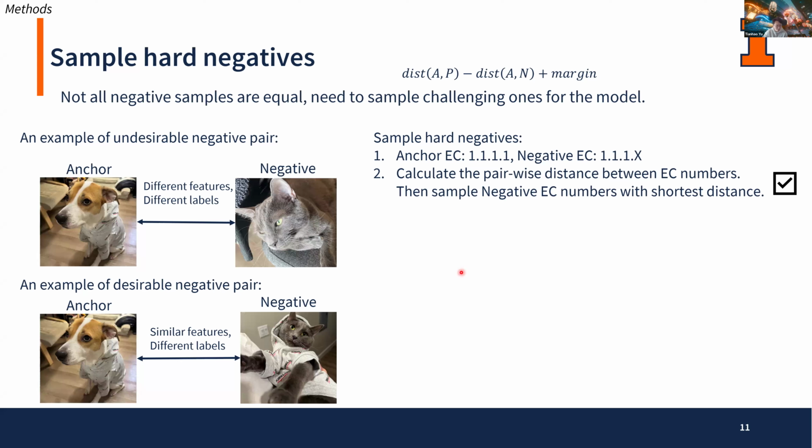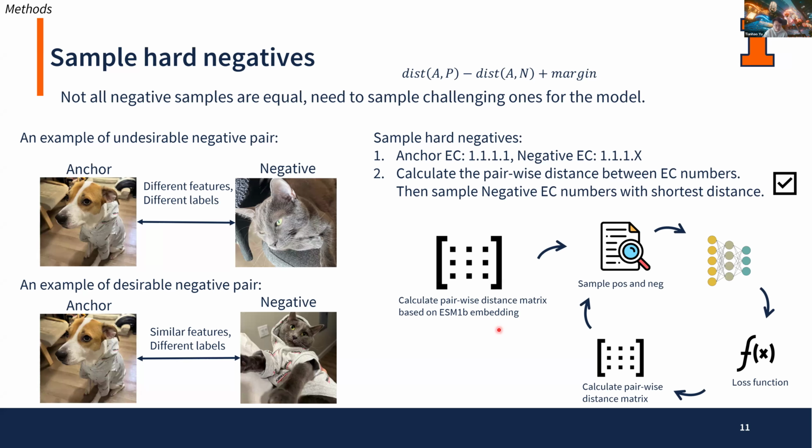Once we know the hard negative sampling, the full training loop is something like this. We initialize the training process by calculating the pairwise distance matrix based on the ESM1b embedding. From the distance matrix, we find the EC numbers with the shortest distance and sample the positives and negatives accordingly.